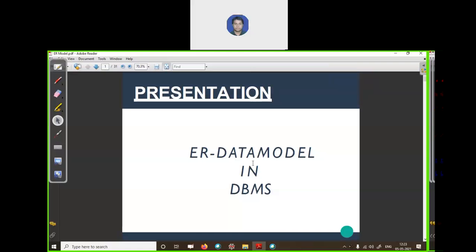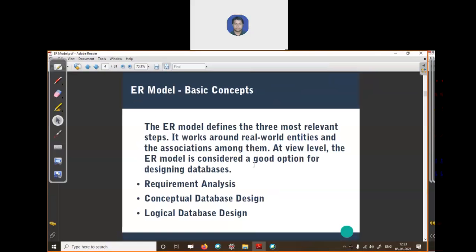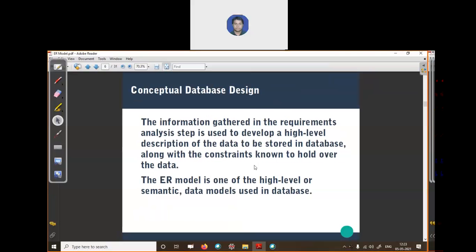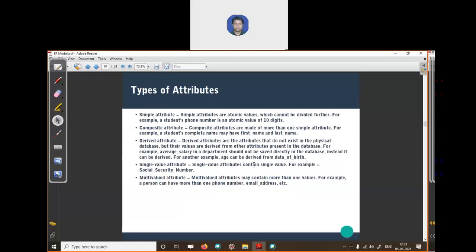In the ER model, we discussed the entity and relationship, attribute, types of attributes, key, types of key. All these things we have discussed.